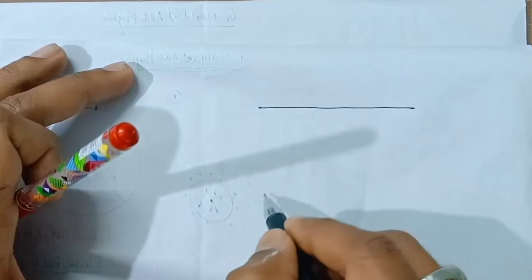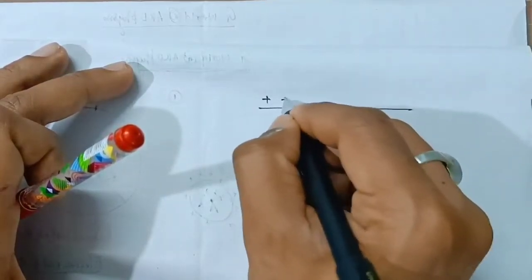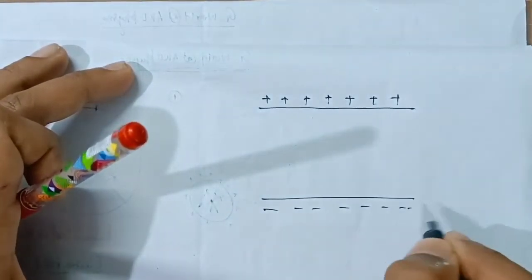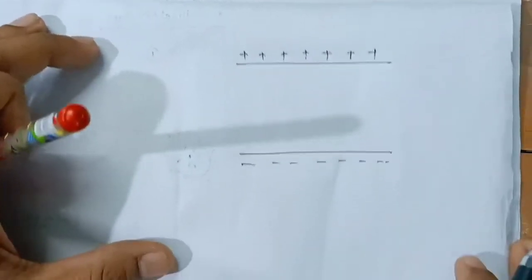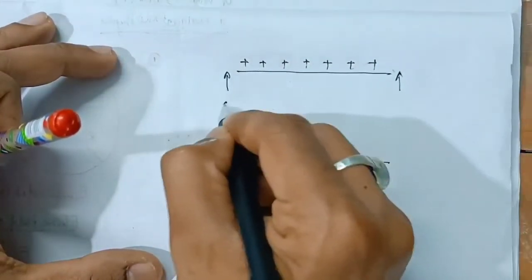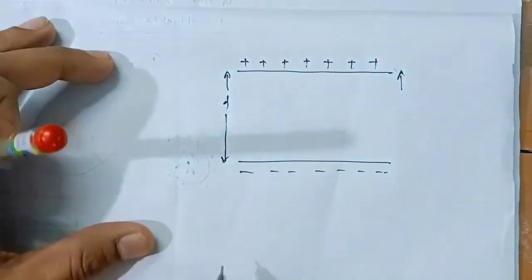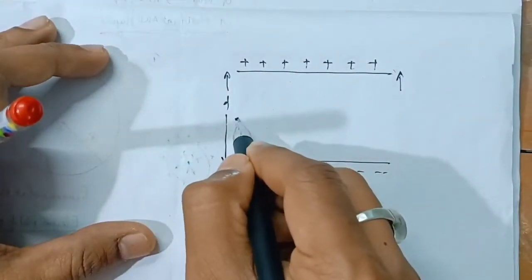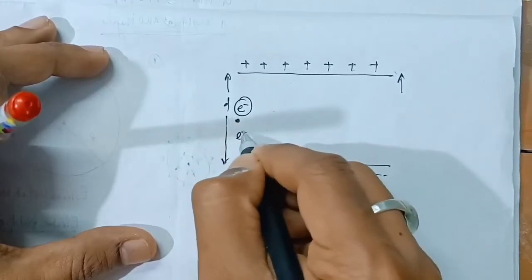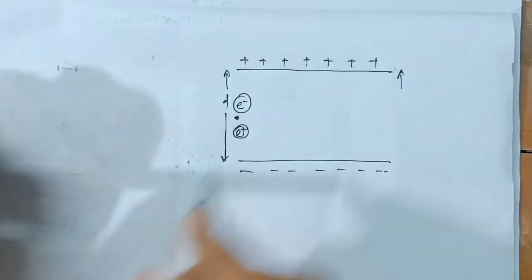Suppose this is the scenario given: this is the positive plate and this is the negative plate, and the width of the plate is d. Exactly at the middle, there are two particles, one is an electron, another one is a proton.